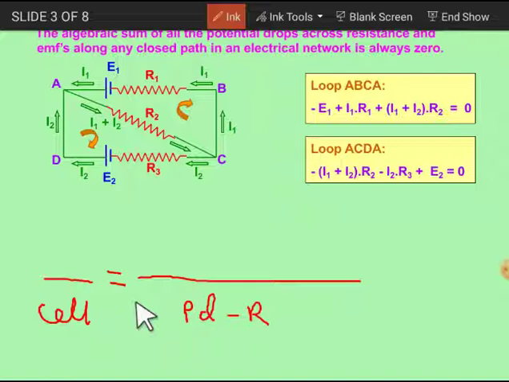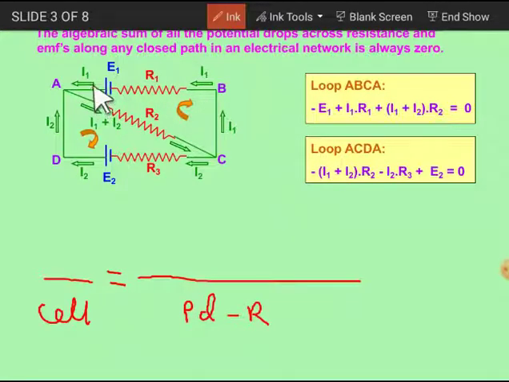Okay, so what happened? The potential difference across EMF, what sign, plus or minus, should be given? I will tell you that one. If the loop direction is starting, let's say, from A B C A, right? So the loop direction is in this direction, AB.